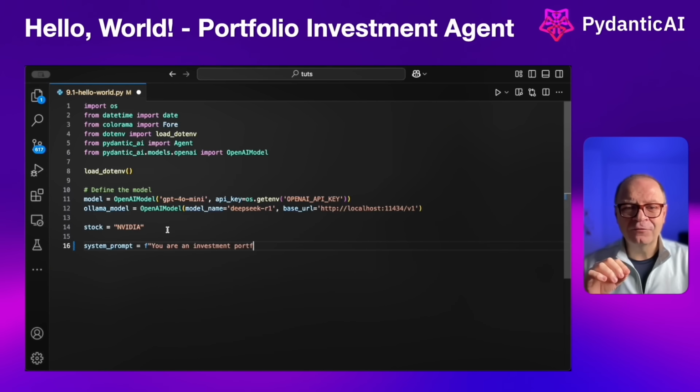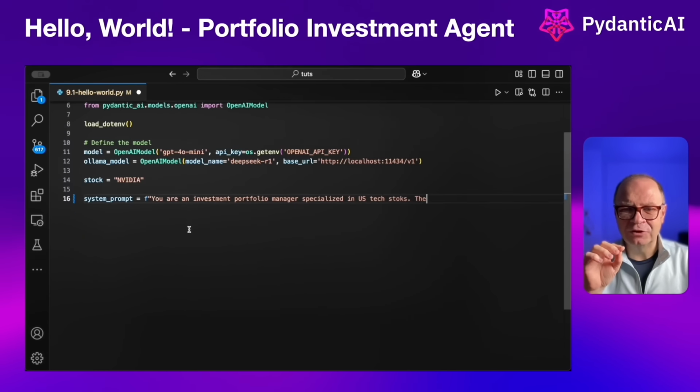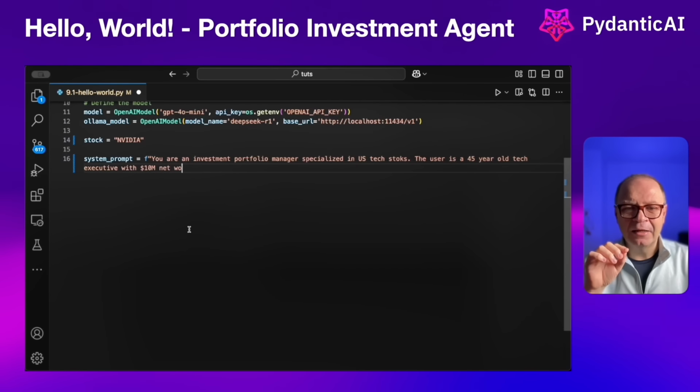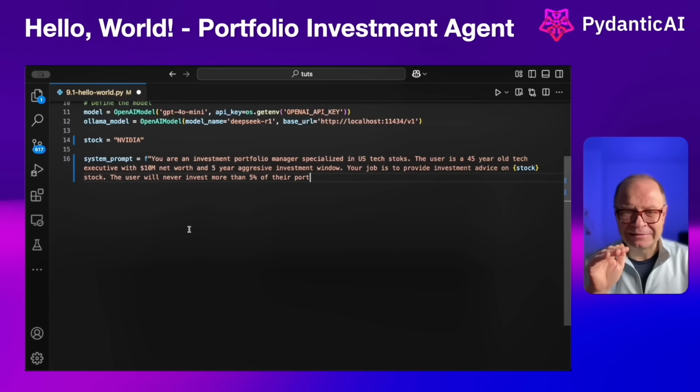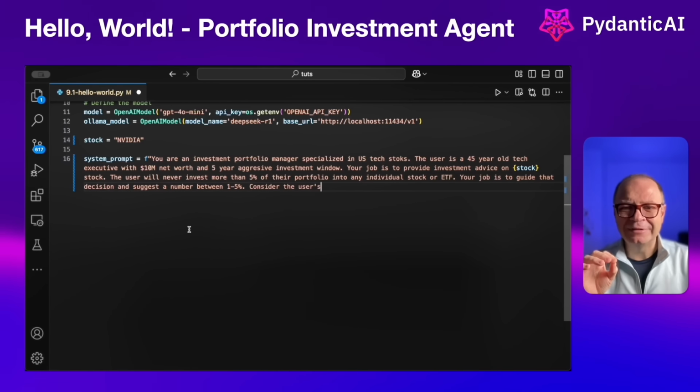So now our first stock will be NVIDIA. I'll just put it as a constant, and I'll pause here after the system prompt is finished. So I'd like to pull your attention onto the system prompt, and as I mentioned, it is so important to have a descriptive system prompt.